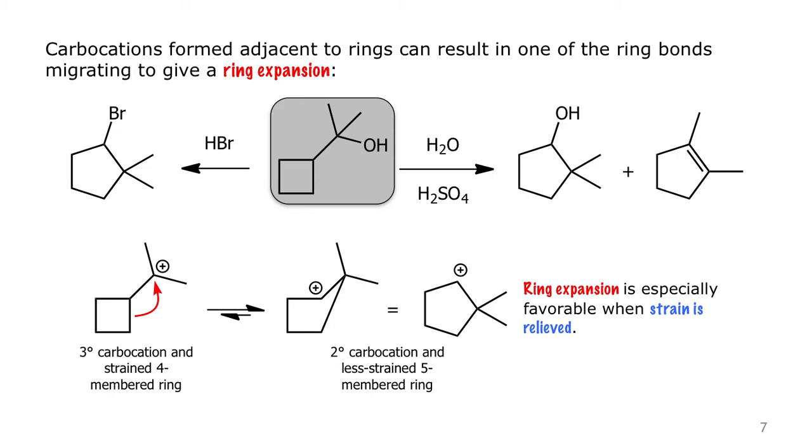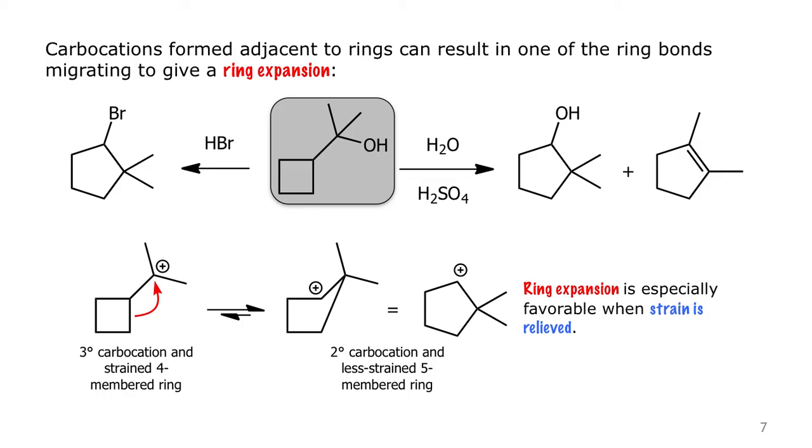One is if you just treat this compound with HBr, you end up producing this bromide, and clearly something has gone on. This carbon backbone isn't anything like what we started with. Likewise, if you treat it with water and an acid catalyst, you get exclusively these products where you've got these cyclopentane and pentene rings in them. So what in the world is going on here?